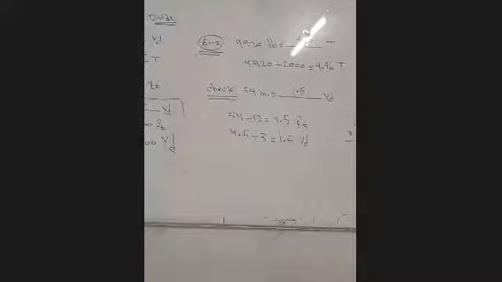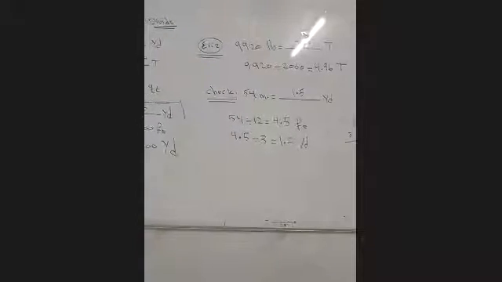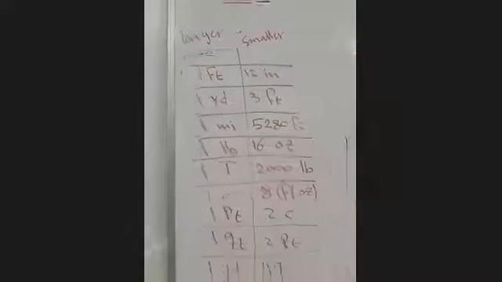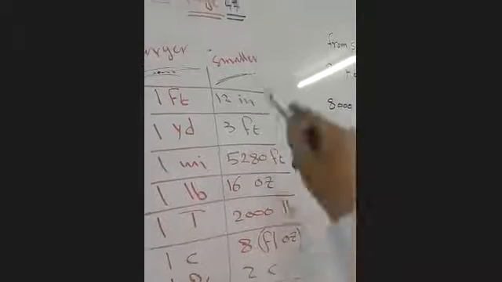How do I know if it's smaller to bigger or bigger to smaller? Look at the table in your book. What is written up here in your table? Larger. And here, smaller. All of these are larger than all of these. Got it?